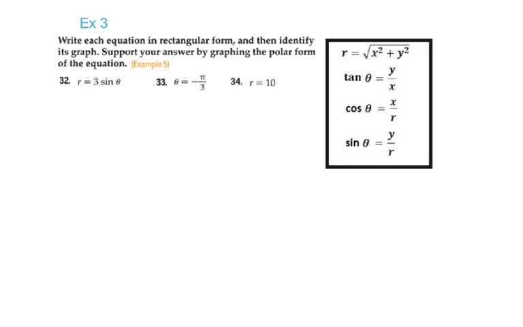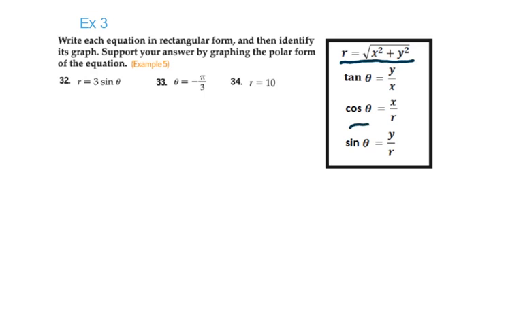Now let's go to example 3. Write each equation in rectangular form and then identify its graph. First of all, you have to know the following formulas. r will be square root of x squared plus y squared.